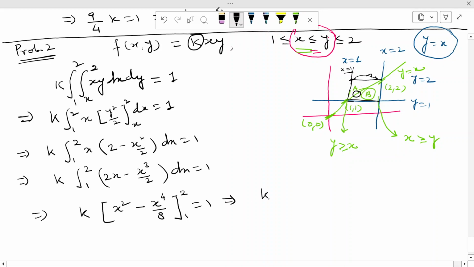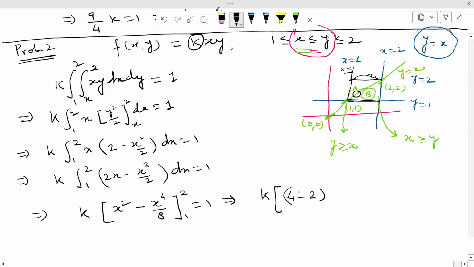Evaluating first at the upper limit x equals 2, we have 4 minus 2 to the power 4 over 8, which is 16 over 8, so this is 4 minus 2.